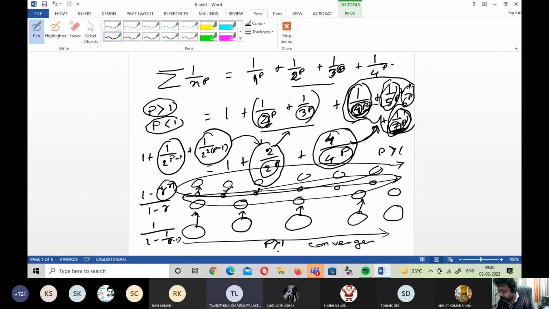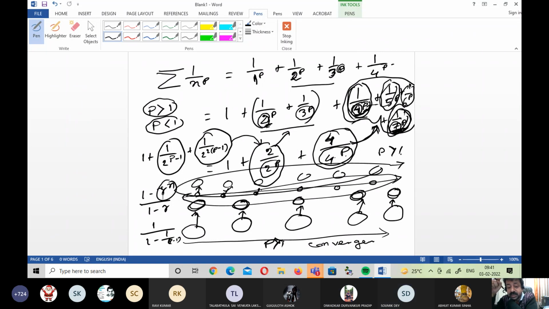Sir, can't we prove convergence for p less than or equal to 1 by taking a lower series? How do we decide whether we have to consider a lower series or a higher series for this particular sequence? We conclude that this series is convergent after writing the sum of an infinite GP, but before that we have considered a higher series here, 1 plus 2 upon 2 to the power p, because you have to go to the particular formula of the geometric series, to make a GP series.